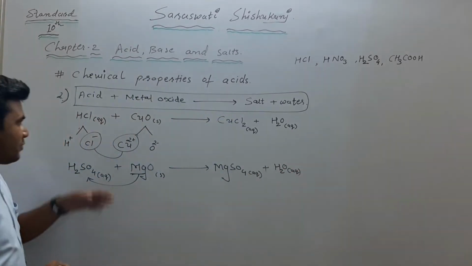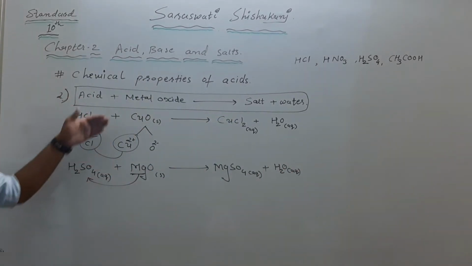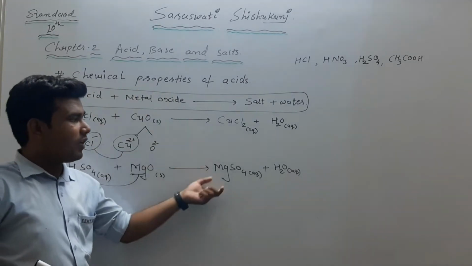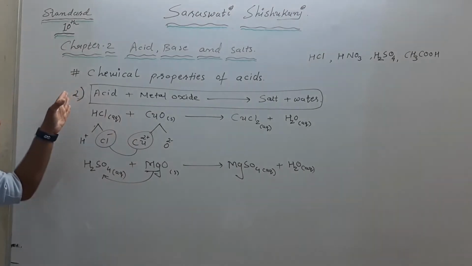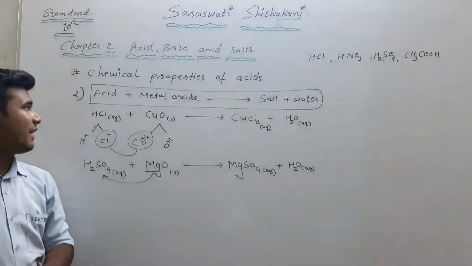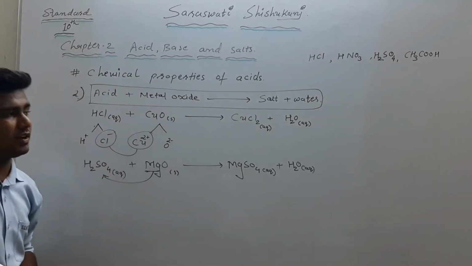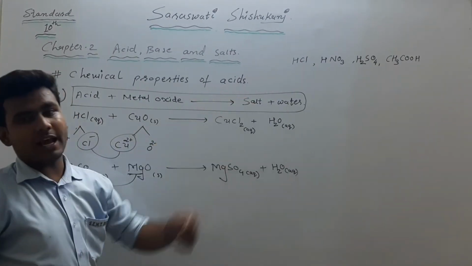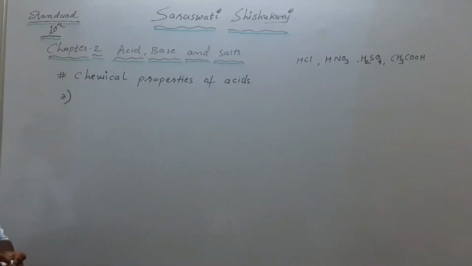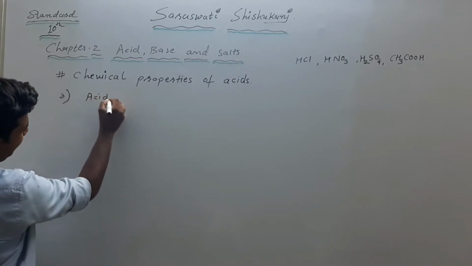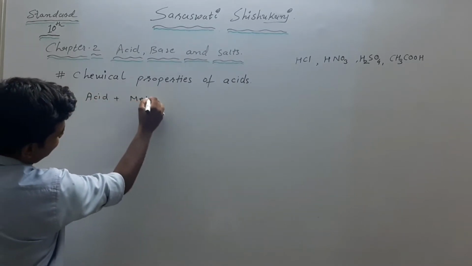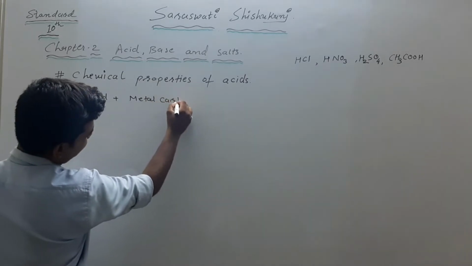So this way, when any acid reacts with a metal oxide, it will always give us salt and water. So this is our second chemical property of acid, in which acid reacts with metal oxide to give salt and water.